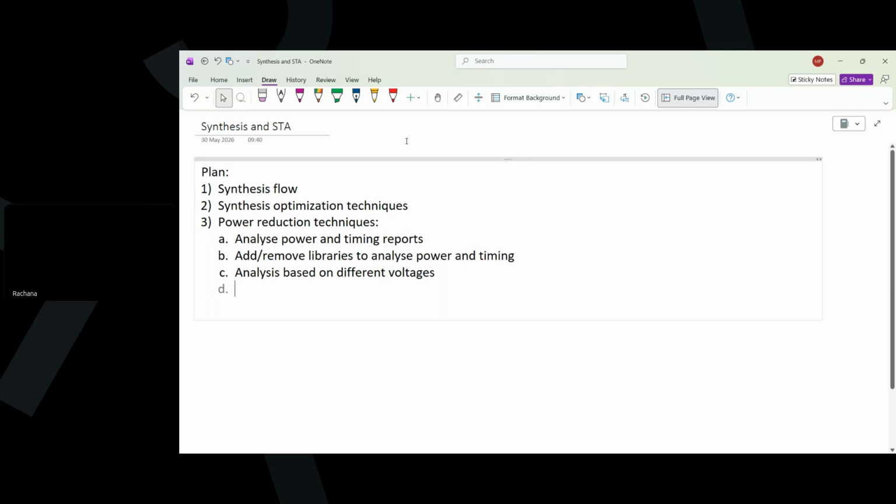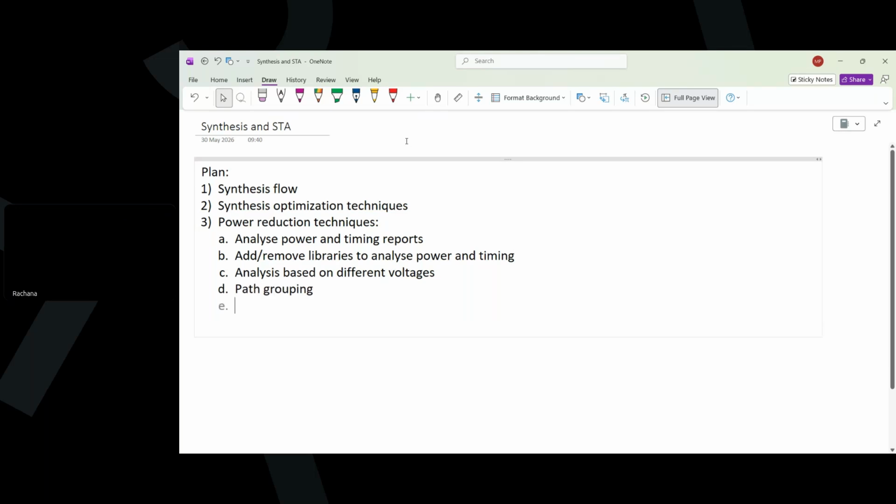Then we are also going to do timing fixes in synthesis. For example, we are going to do path grouping.